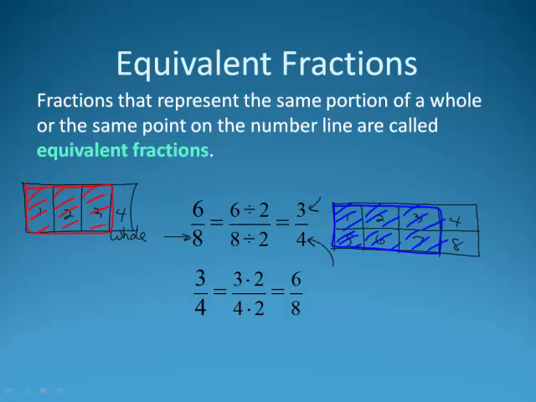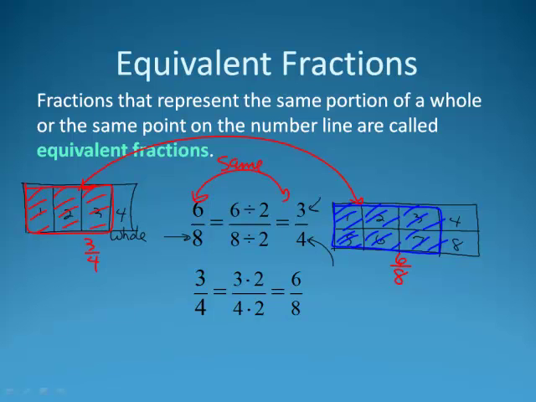This represents the same amount of candy as that, but in terms of fractions, it's slightly different. This represents 3 of 4 equivalent pieces of the whole candy bar, whereas this represents 6 of the 8 pieces of the whole candy bar. But they're equivalent, it's the same value. Okay, same value.